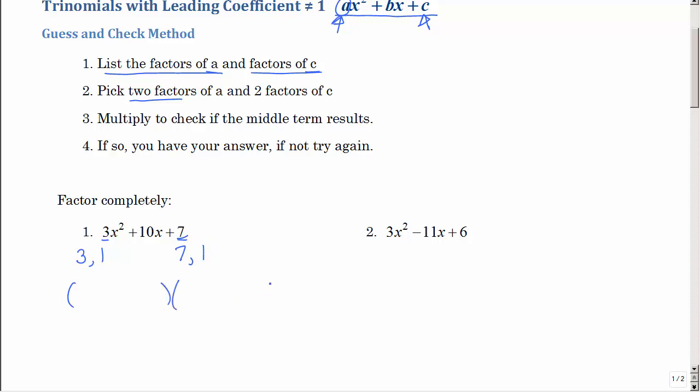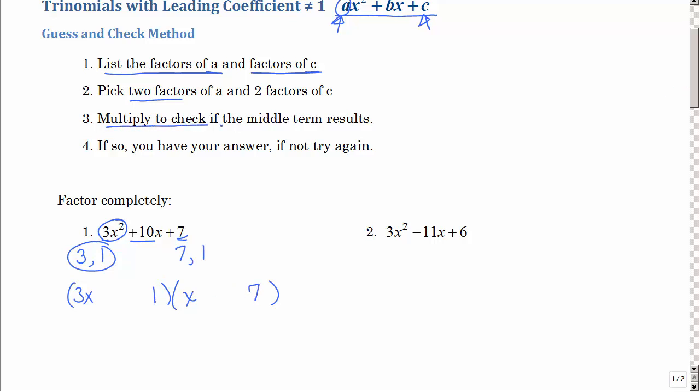So when we put them in the parentheses, I know I have to have 3x times 1x. That's my only choice to get 3x squared. And my only choice to get 7 is 7 and 1. But this time it matters where I put them because I need that positive 10. So let's say I put the 7 here and the 1 there.